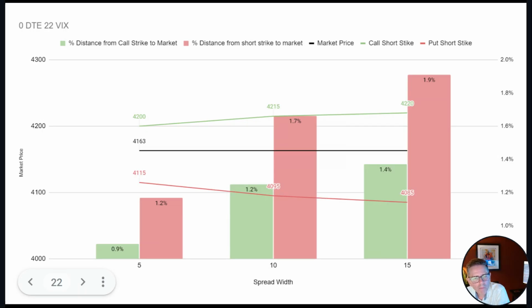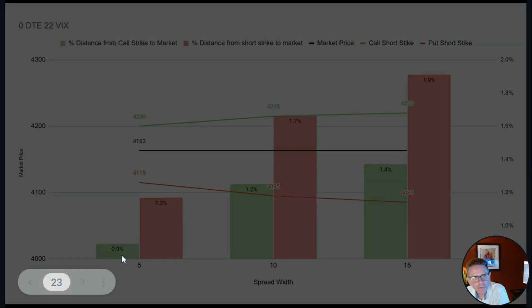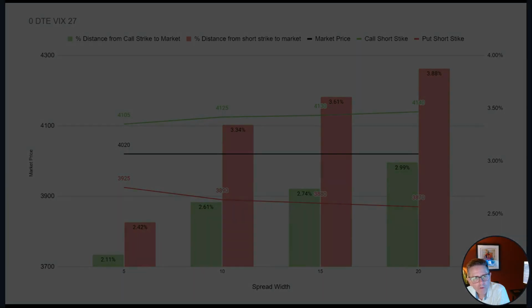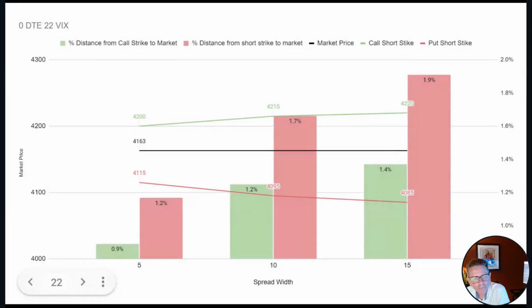So you can see how much more the distance is from the market for a call spread to a put spread. So you go from 5 to 10. You see, you get a pretty good distance away from the market, and then you go to 15, and you get some distance, but not a lot. And the more you go out and widen those spreads, the less you get the bang for the buck.